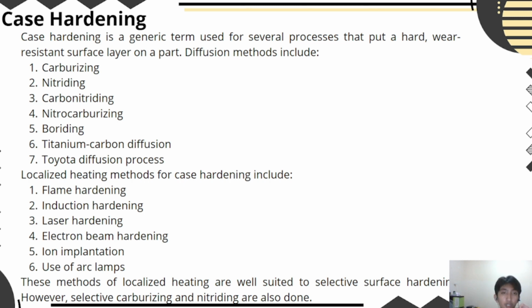Localized heating methods for case hardening include the first is flame hardening, next is induction hardening, laser hardening, electron beam hardening, ion implantation, and finally is use of arc lamps. These methods of localized heating are well suited to selective surface hardening. However, selective carburizing and nitriding are suitable.